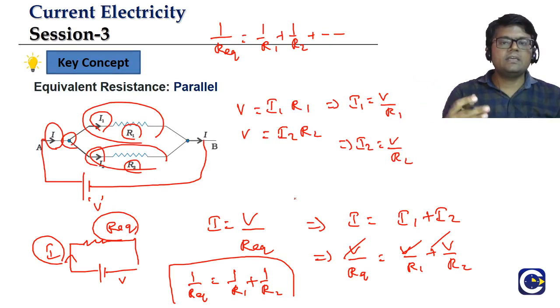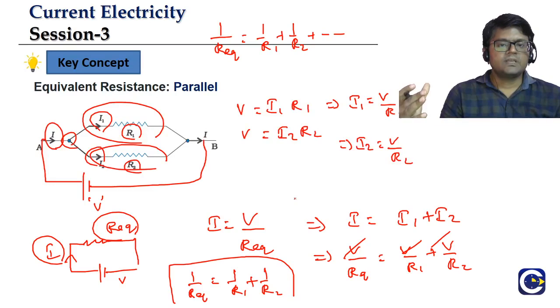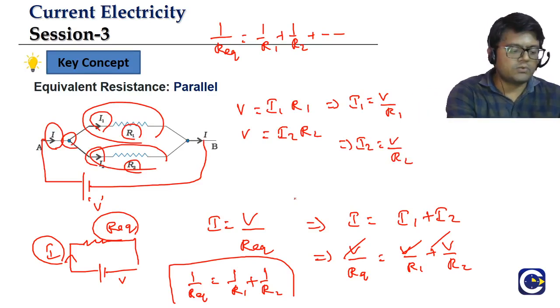If you have a set of resistors and want to achieve the maximum resistance, we have them in series. If we want to achieve the minimum resistance, the minimum resistance will be achieved when we arrange them in parallel.